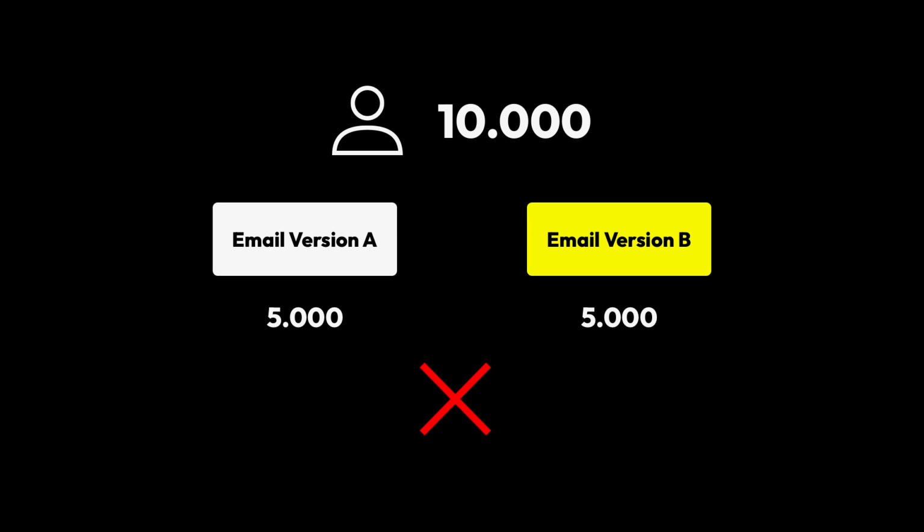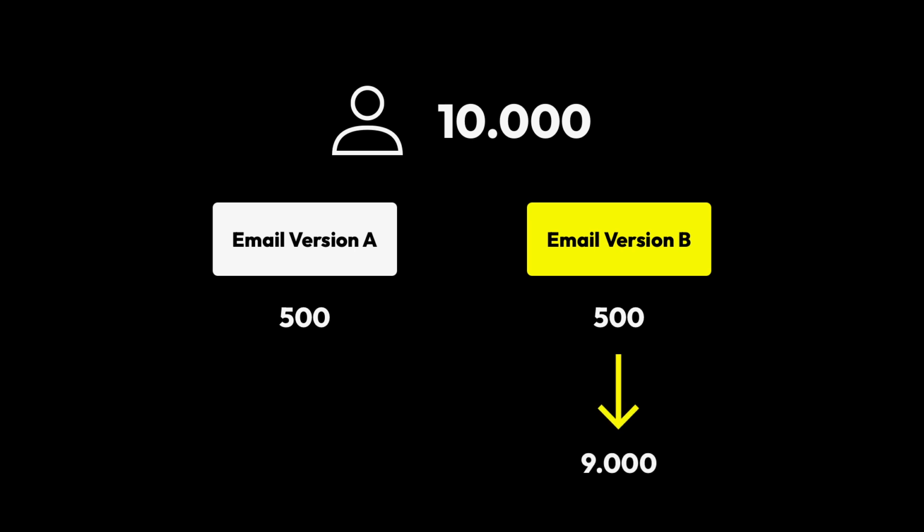For example, we might just start with 1,000 people, like 500 people get version A and 500 people get version B. And then, once we see which version works better, we send the winning version to the remaining 9,000 people. This is called working with a sample size, and this is a super important concept in A/B testing.